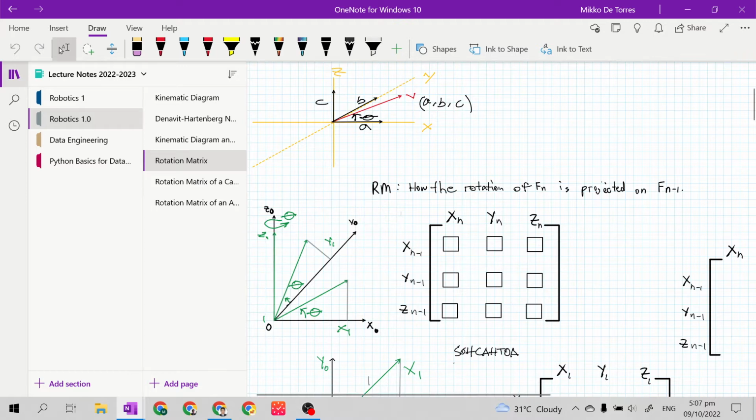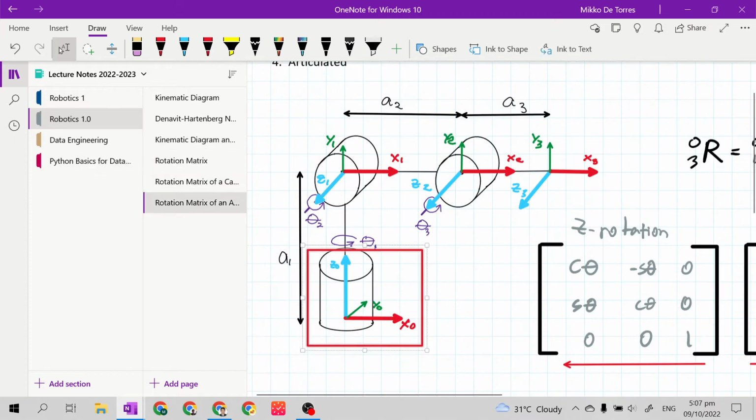When there is a joint variable theta that makes the z sub 1 axis rotate, all of the axes of frame 1 will move. So the axes of the reference frame will not move, only the projected frame.